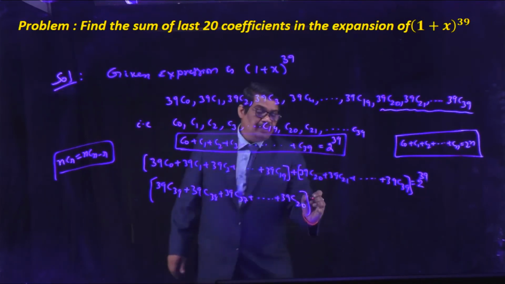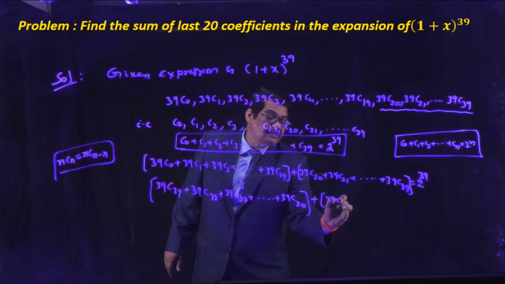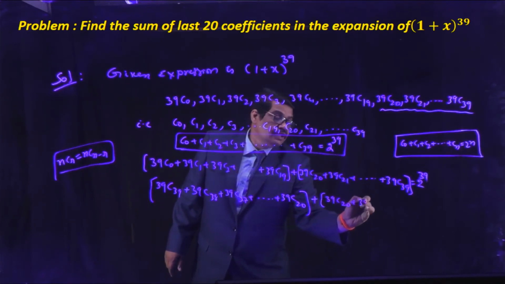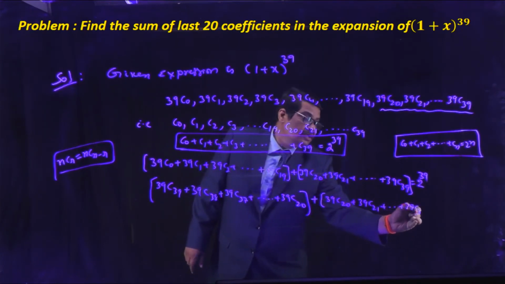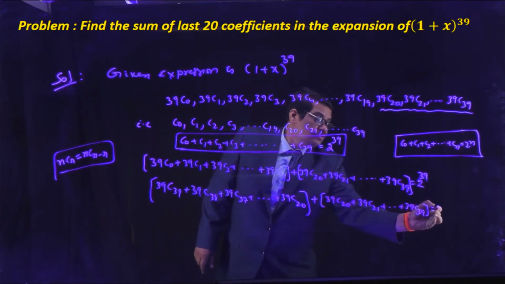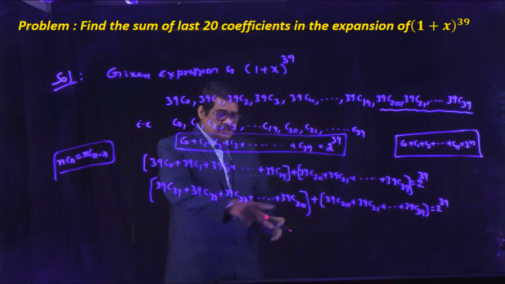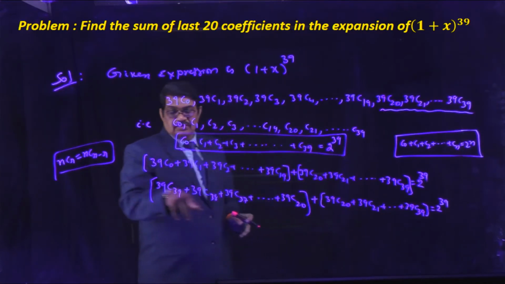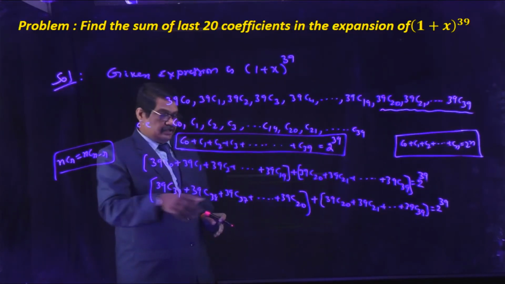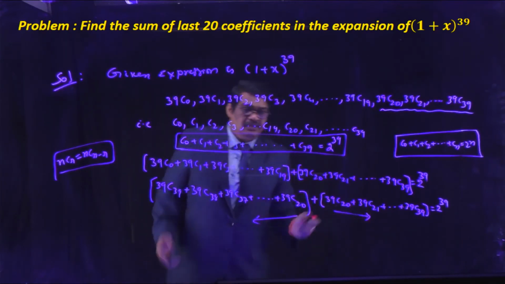Okay, plus the remaining last 20 terms, 39C20 plus 39C21 and so on, 39C39, that is equal to 2 to the power of 39. These terms 39C20, 39C21 and so on, 39C39, and these first terms are the same terms.